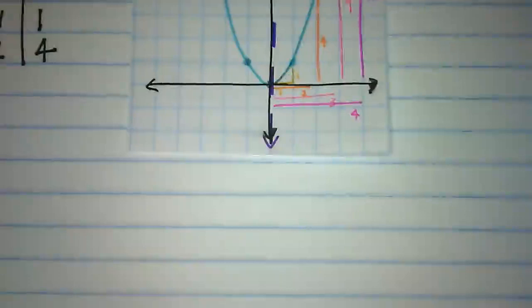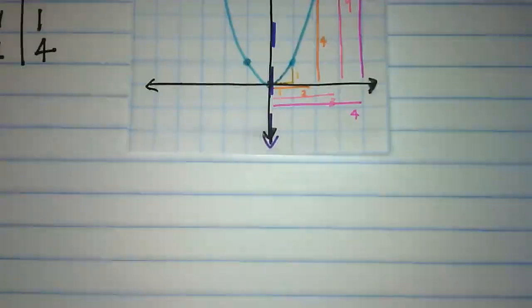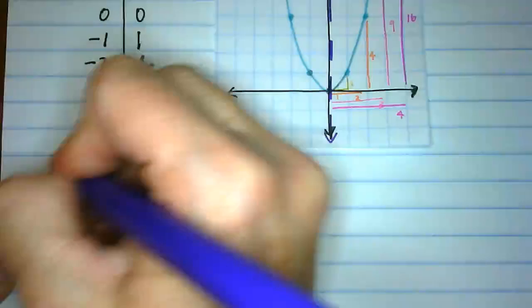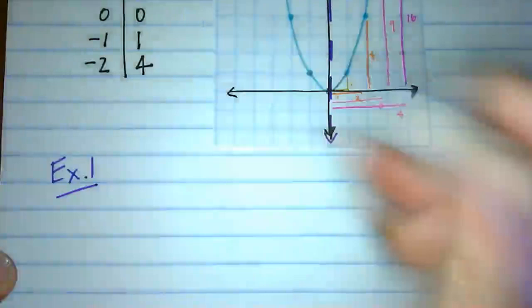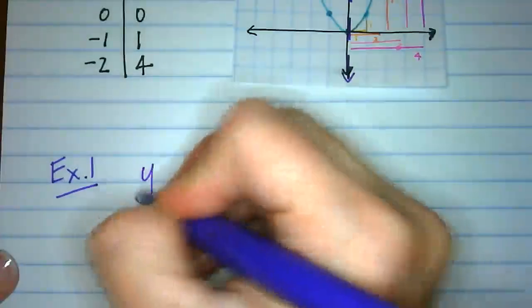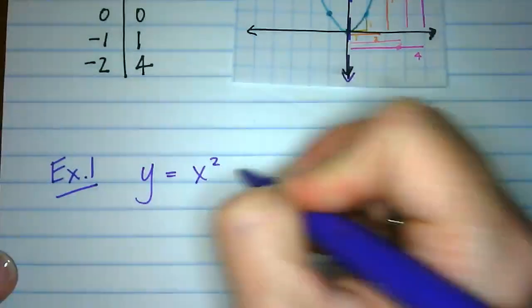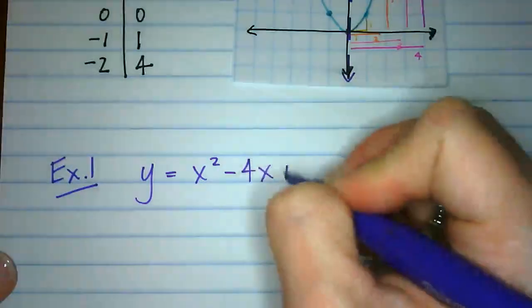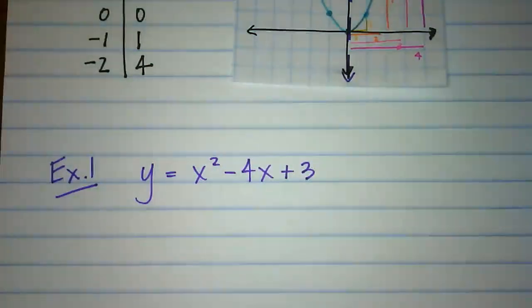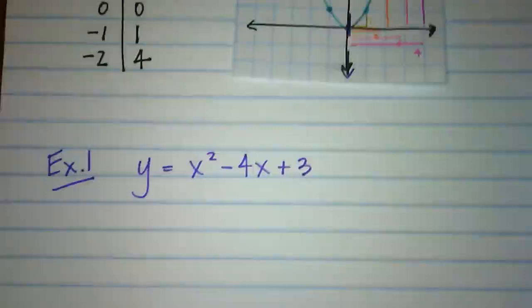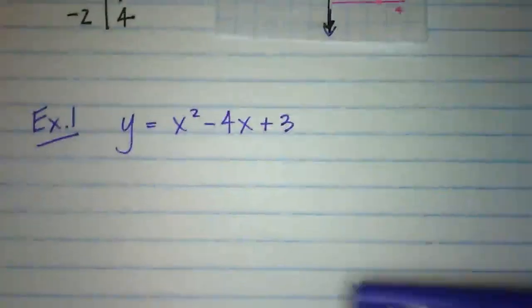For example 1, let's say y equals x squared minus 4x plus 3. Thinking about what we know, this one is in standard form.